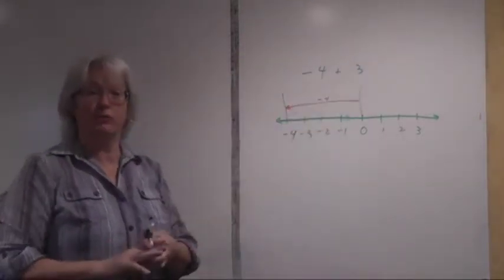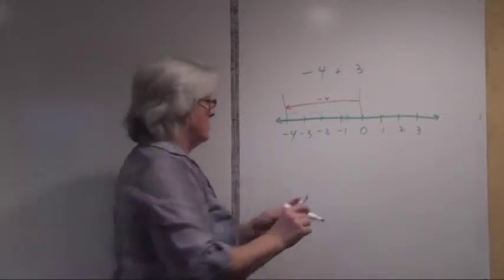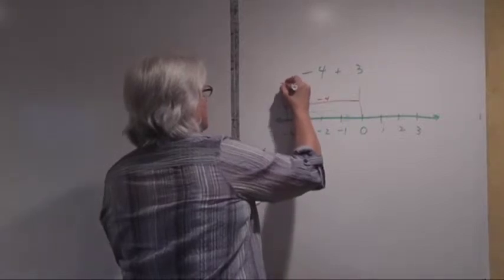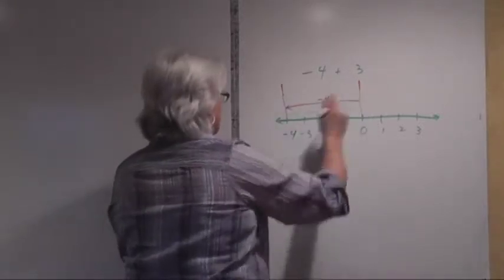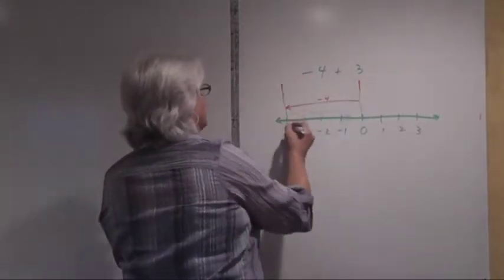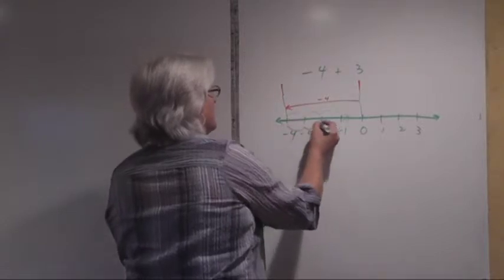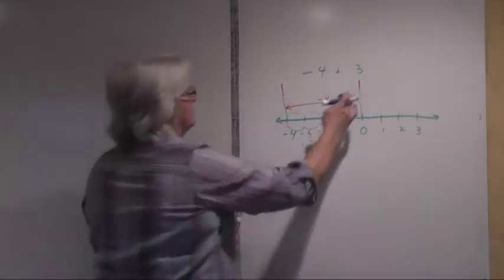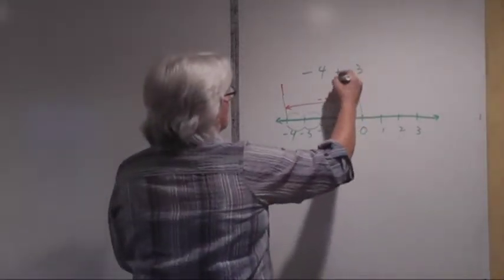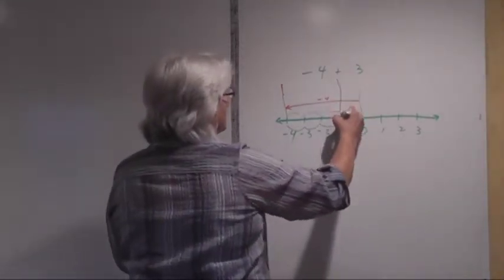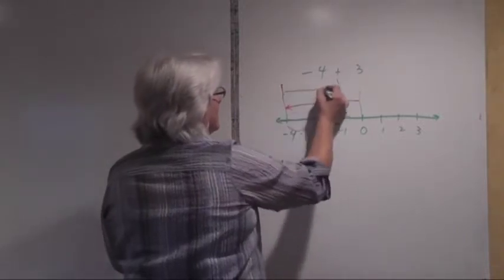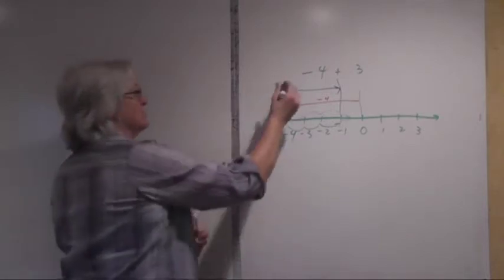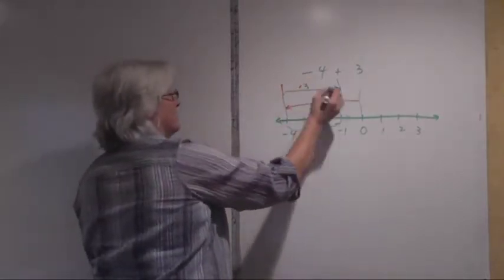If we want to add 3, what do we do? From the point that we're at, which is negative 4, we move 3 units to the right on the number line. And where do we end up? When our arrow goes back 3 units towards the right, we're adding 3.